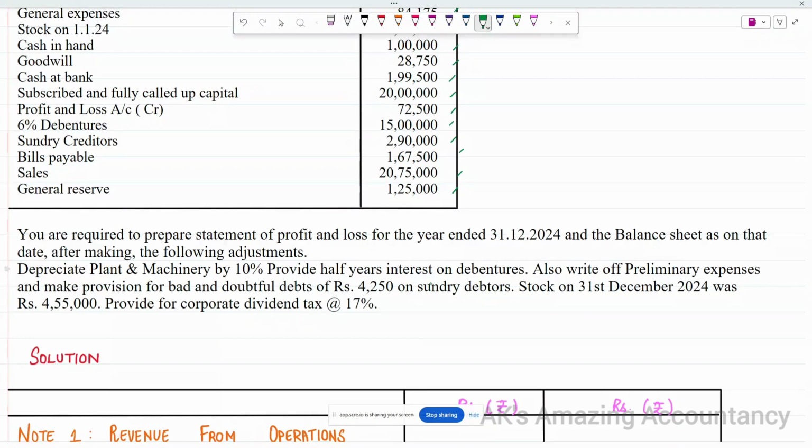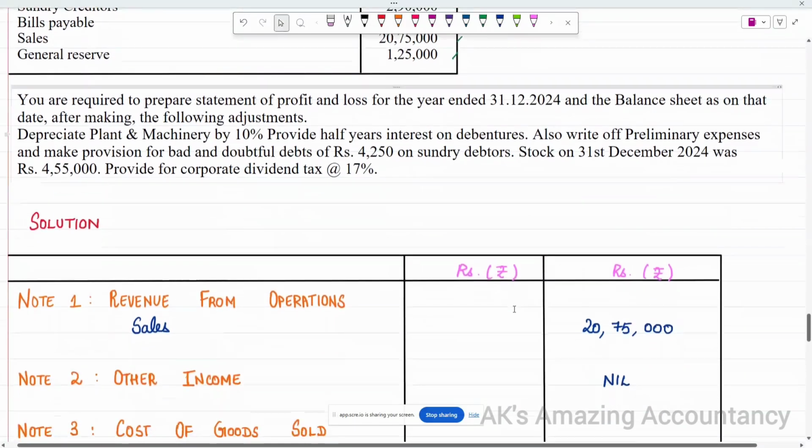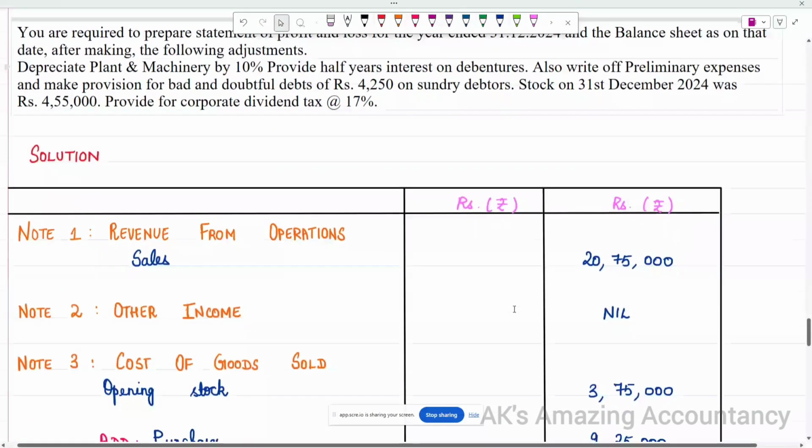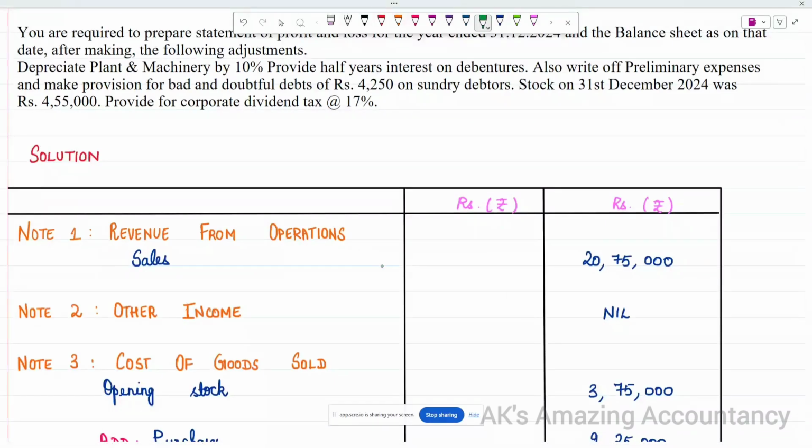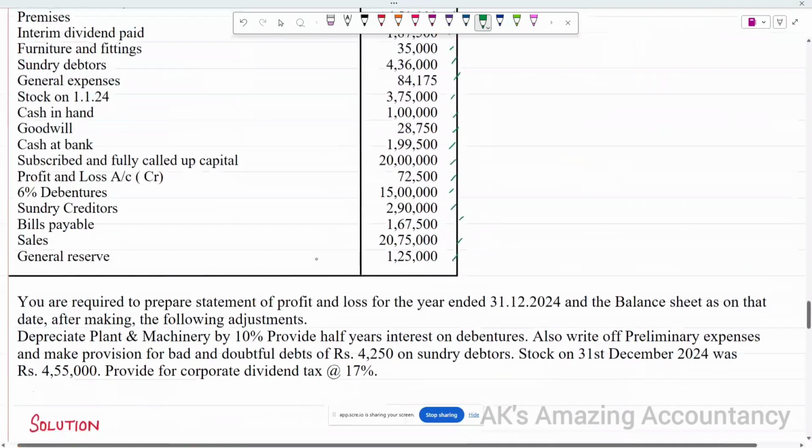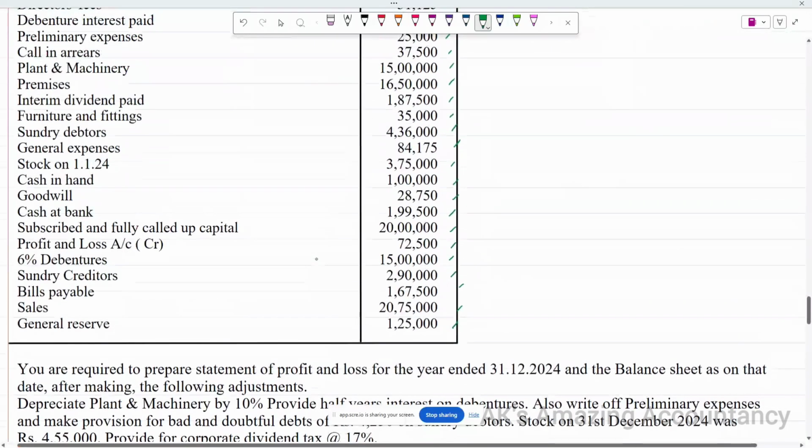Now let us start with the preparation of the notes to accounts. The first one we have is note 1. These are the notes relating to the statement of profit and loss. Note 1 is revenue from operations, under which we will always have sales. If you have a look at the problem, sales is given as 20,75,000.